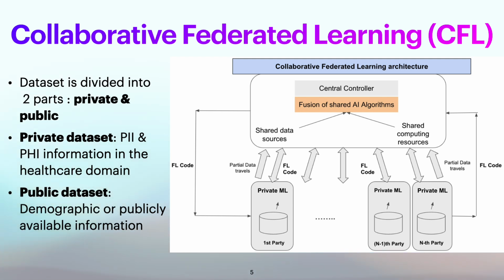The public part of the data is still aggregated at the central server. The federated code still travels between the central server and each of these hospitals, and the private data stays at each of these sites. Only the public part gets shared.